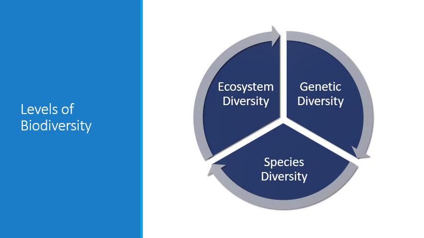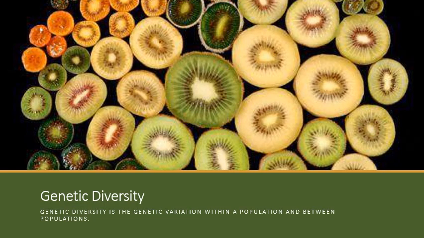Biodiversity has 3 distinct levels: ecosystem diversity, genetic diversity, and species diversity. Genetic diversity is the genetic variation within a population and between populations. Here we can see the kiwi fruit. Now you probably look at a kiwi, you see it in a store, and you think, that's a kiwi fruit.